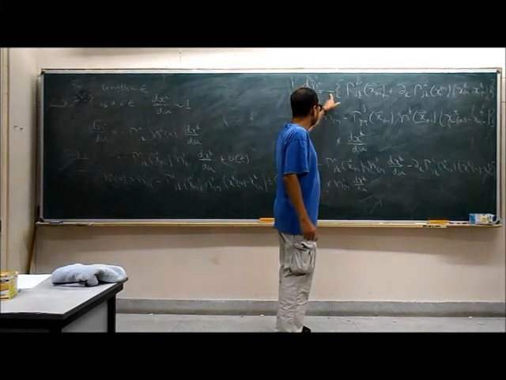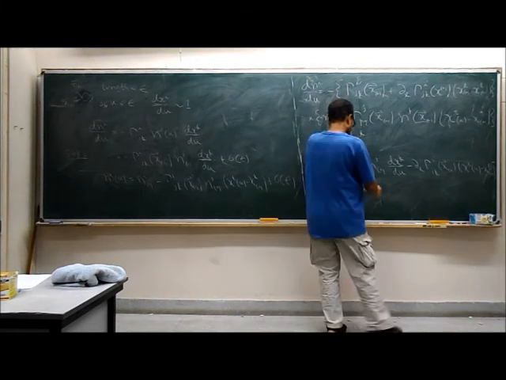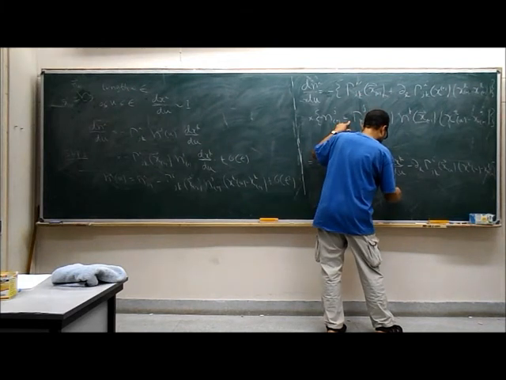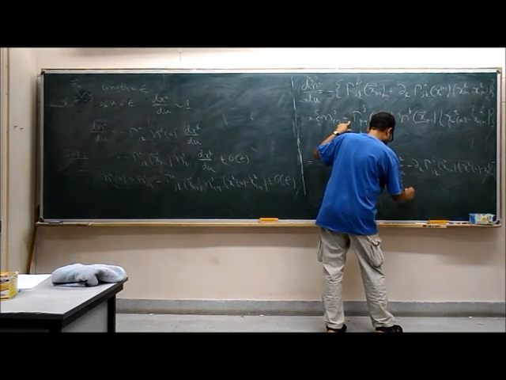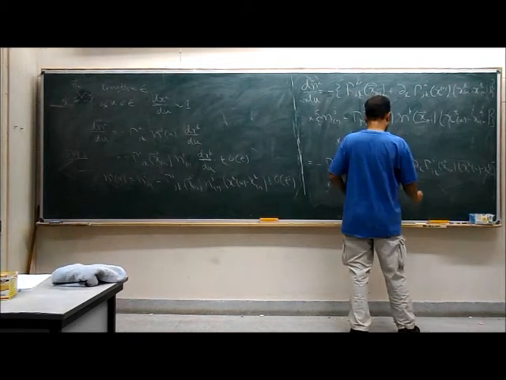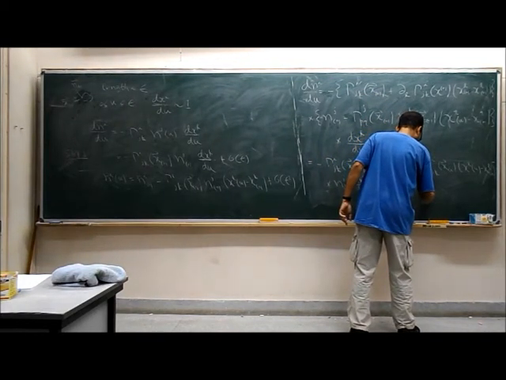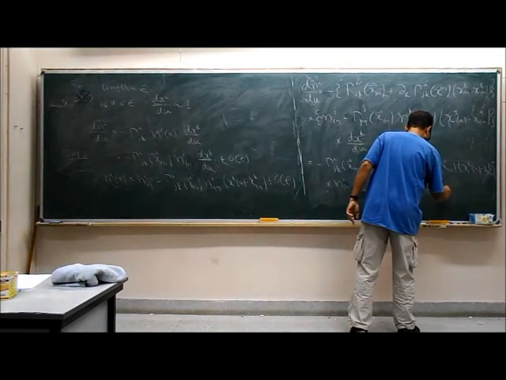In the last term, this will make it plus gamma I j k x naught gamma j q x naught.